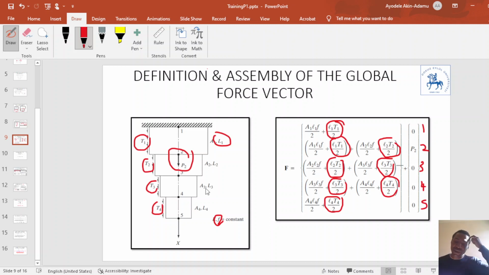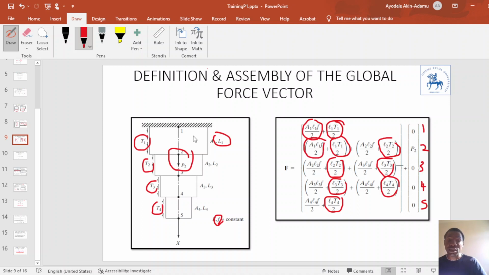The same thing applies for the body force. However, for the body force, you multiply by the volume and divide by 2. The volume is the area times the length. So we have A1 L1 F divided by 2 for element 1 at node 1, and A1 L1 F divided by 2 at node 2.